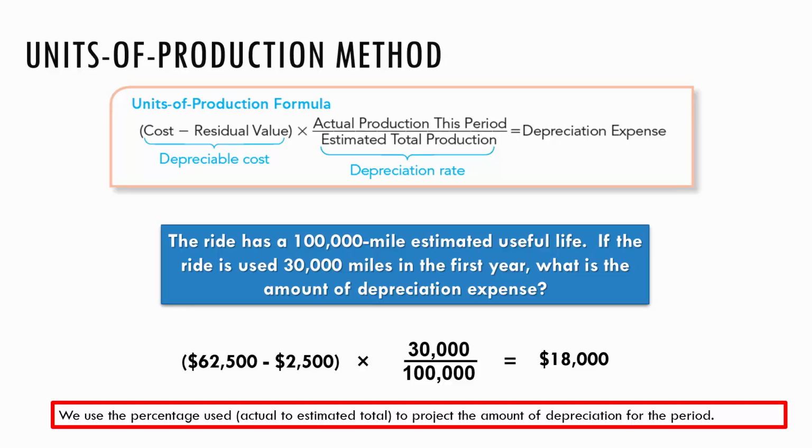If you are a bottling plant, a Coca-Cola or Pepsi bottler, and you are putting bottle caps on glass bottles, your machine was doing this, you could count up how many bottles were produced in the year, and you could use that as your basis for depreciation. If you knew how many bottles had caps put on them, or your estimate for this particular machine, you could use that method.